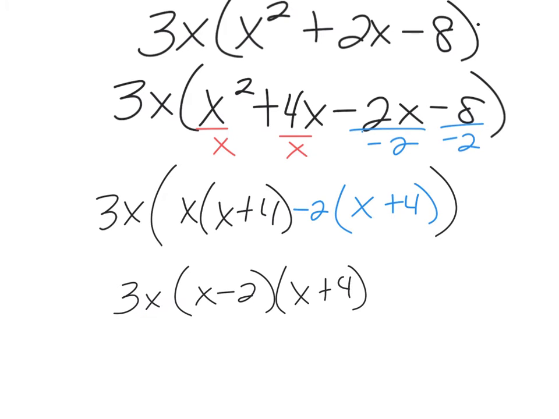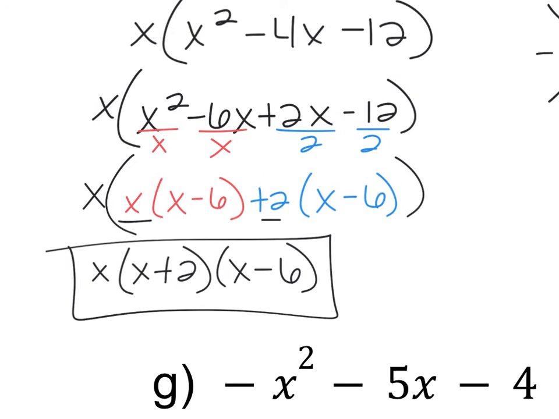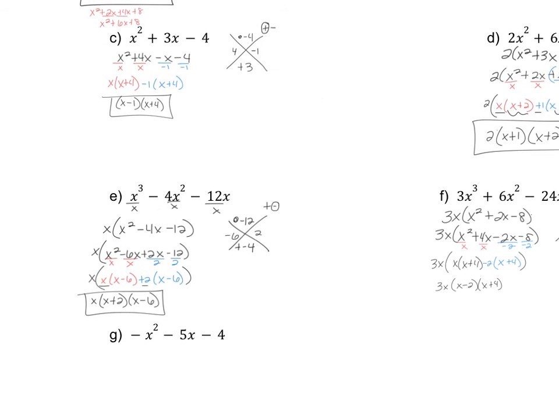All right, so let's go to the last one of these ones. Okay, so on this problem, if you notice, every time we've factored, let's go back. Every time we've factored, the first term has been x squared, right? All of those have been x squared, after we factor out the GCF.